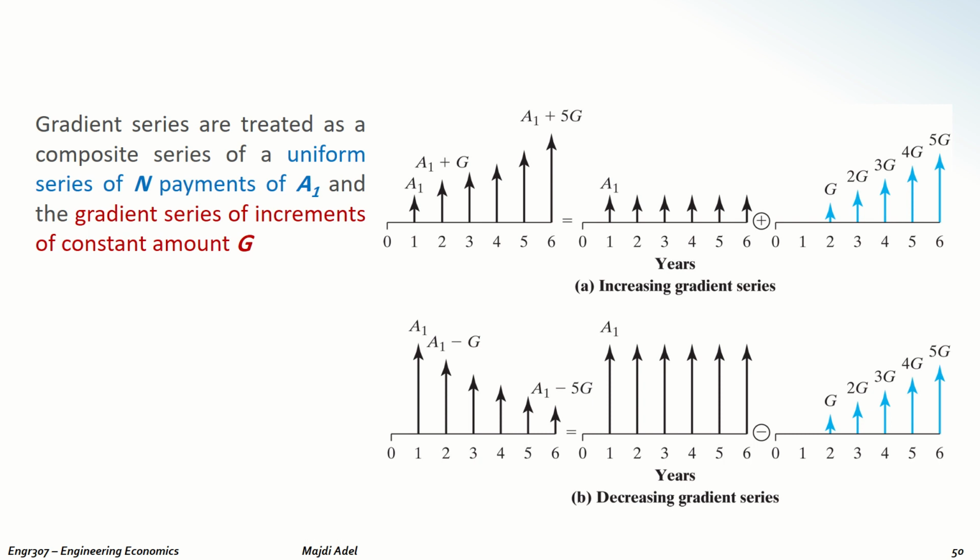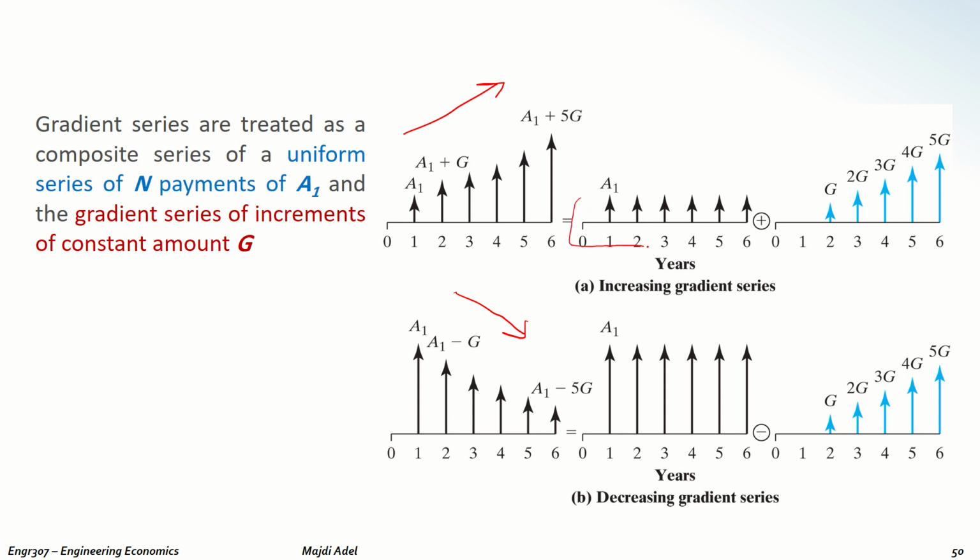So how to treat linear gradient cash flows? For linear gradient cash flows, we have two cases. Either it's going to be an increasing linear gradient or a decreasing linear gradient. Those are the two cases. Either way, we are going to separate the gradient cash flow into two parts.